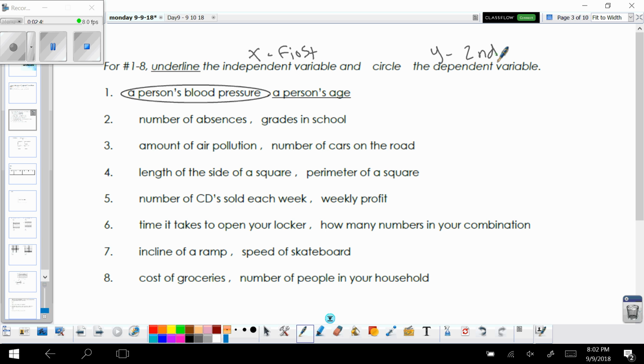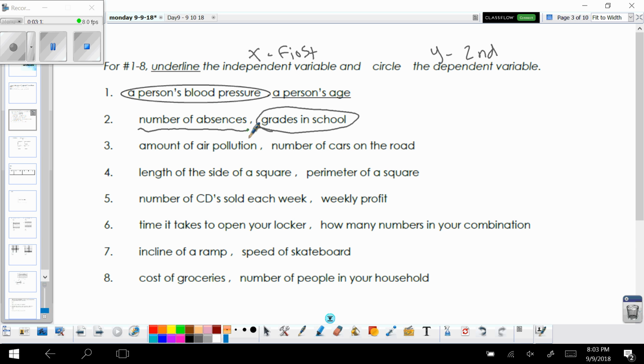Grades in school is dependent. So we're going to circle it. While the number of absences is independent. Because your grades in school depend on the number of absences you have.